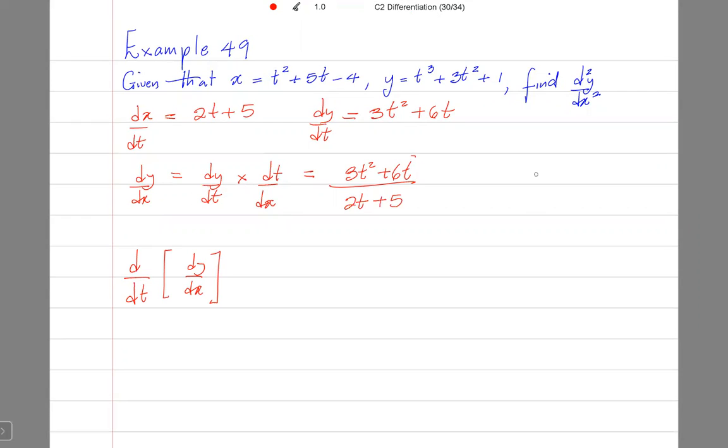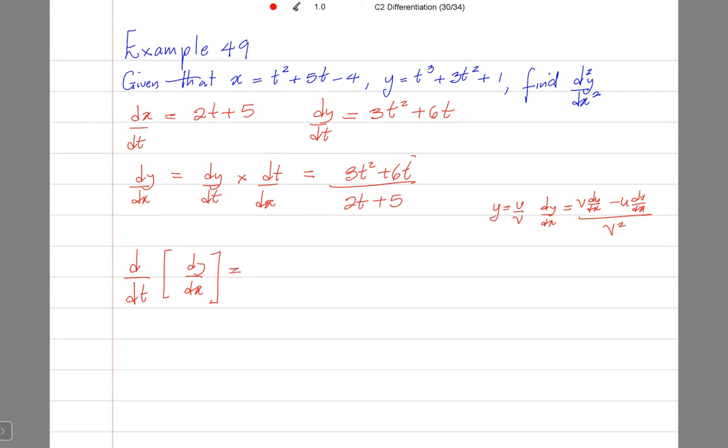Well, this is a quotient, and the quotient rule says that if y is equal to u over v, dy by dx would be equal to v du by dx minus u dv by dx all over v squared.